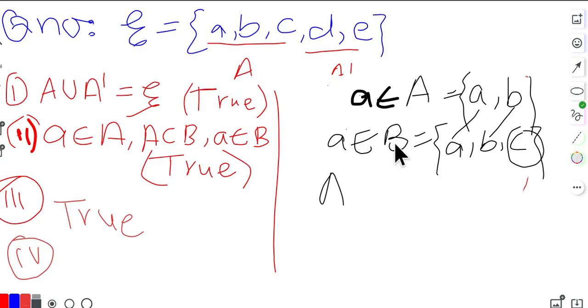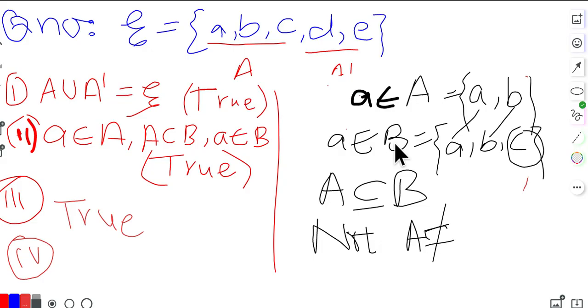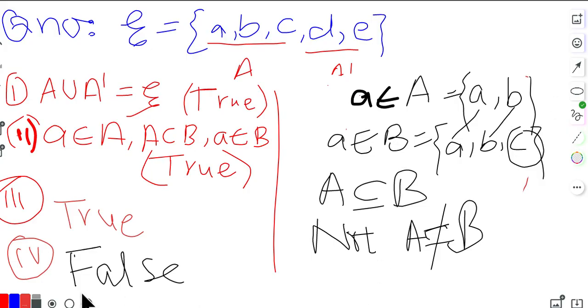So that means A is a subset of B but not equal, because for equality, B is not equal to A; the number of elements and the elements must be the same. So this is a false statement.